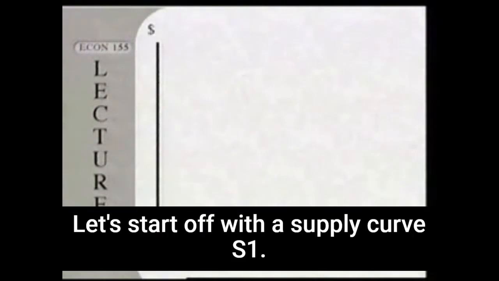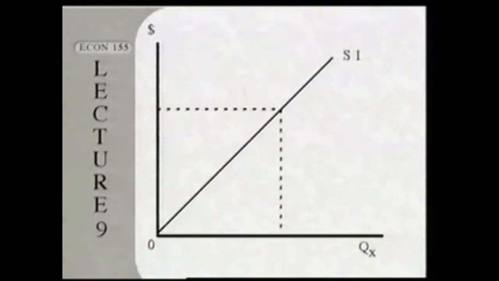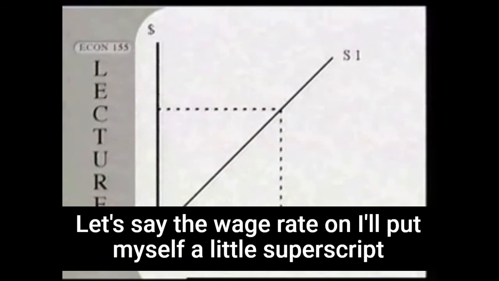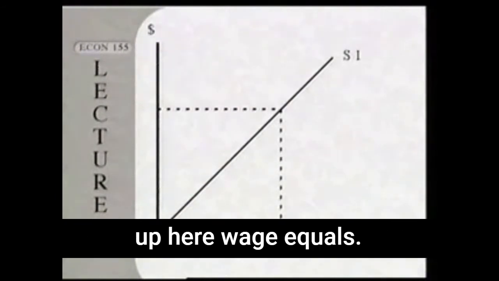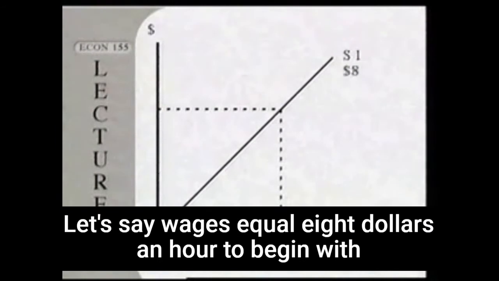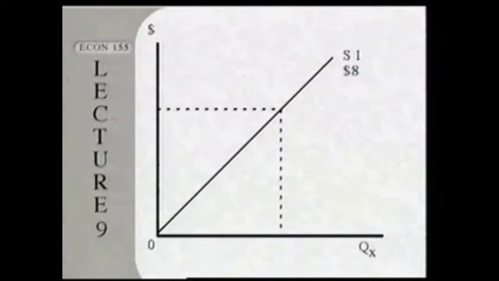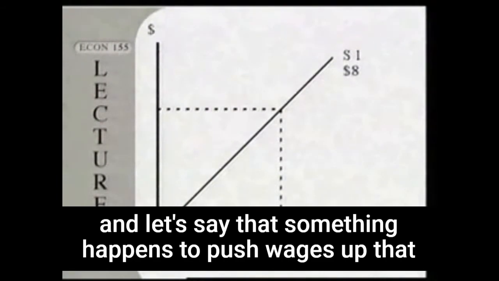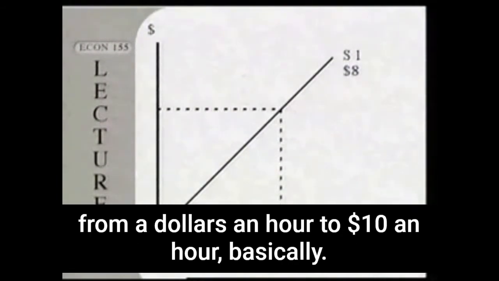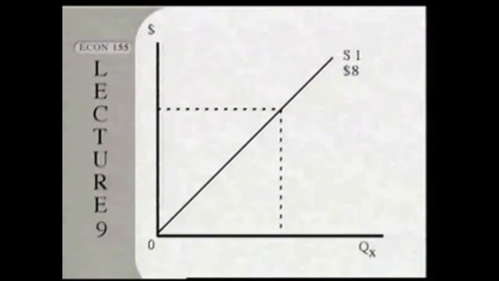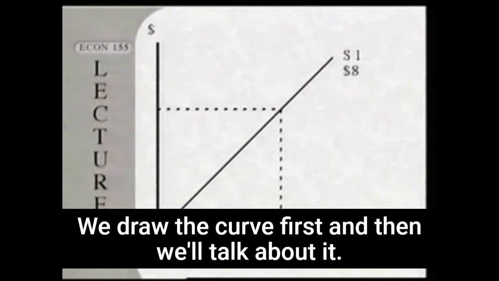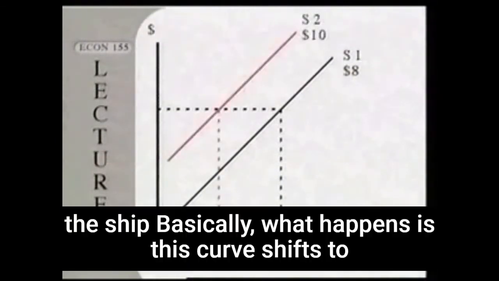Let's start off with a supply curve S1. Let's say the wage rate, and I'll put a little superscript up here, wages equal $8 an hour to begin with. And let's say that something happens to push wages up from $8 an hour to $10 an hour. Basically, let me draw the curve first and then we'll talk about the shift.